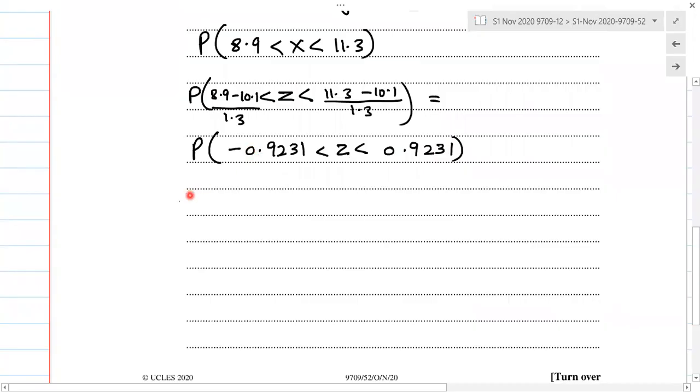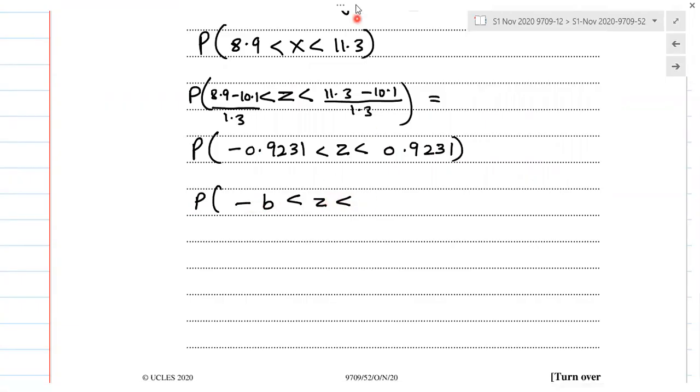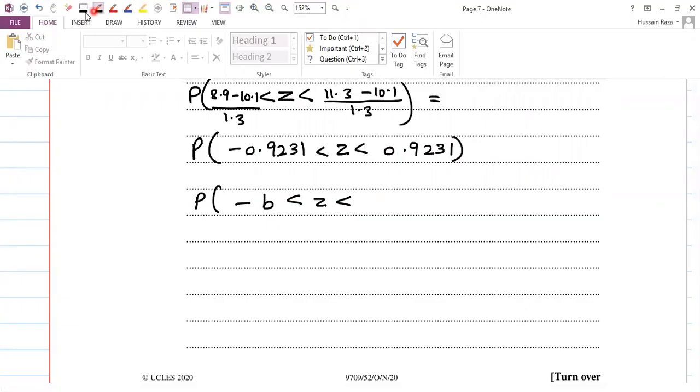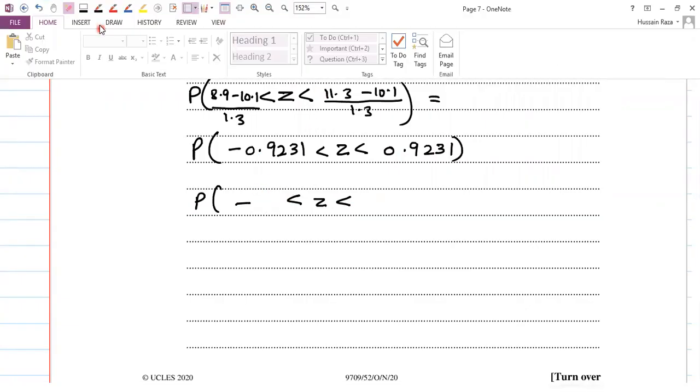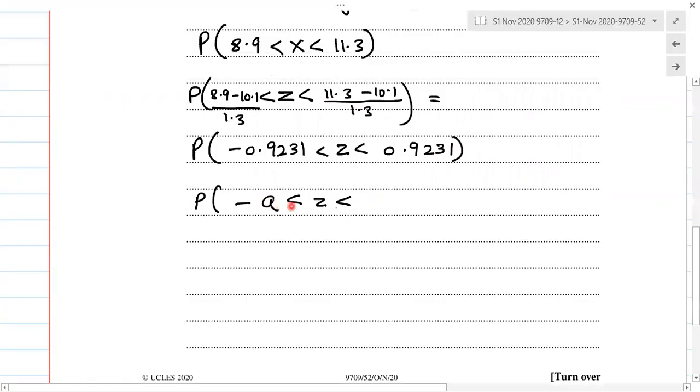Remember, this is phi of minus b, and this is minus a and b. I usually write this as a, you can write whatever you want. So I just take this as A, and this as B. If this is the condition that's given to us, we do phi of B minus (1 minus phi of A). That's what we're going to do over here.